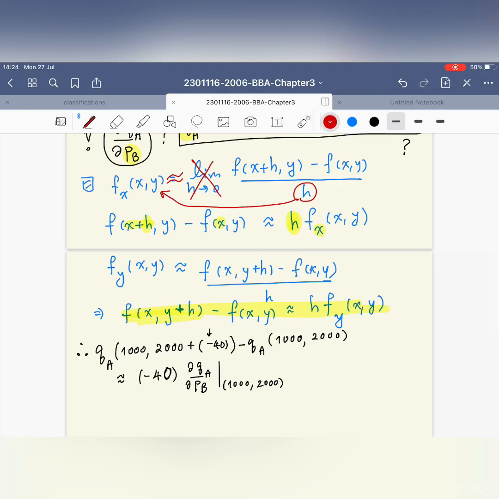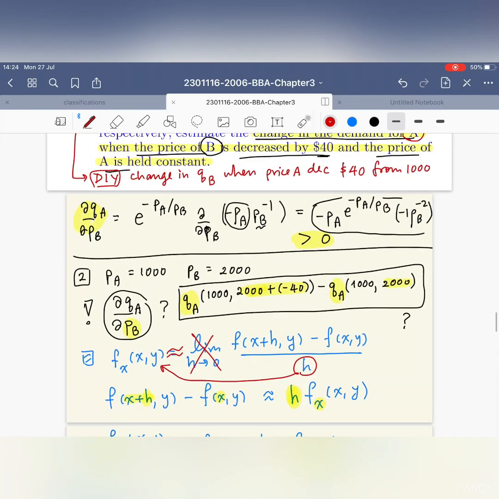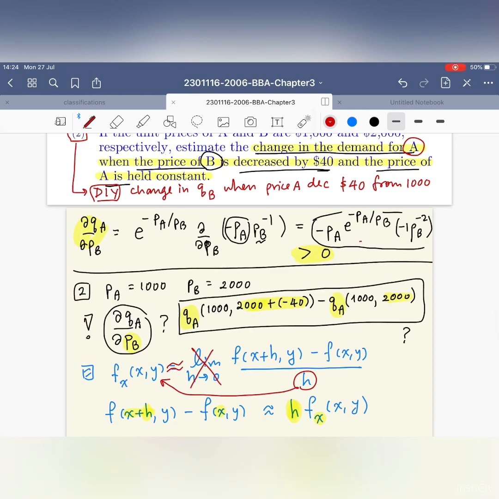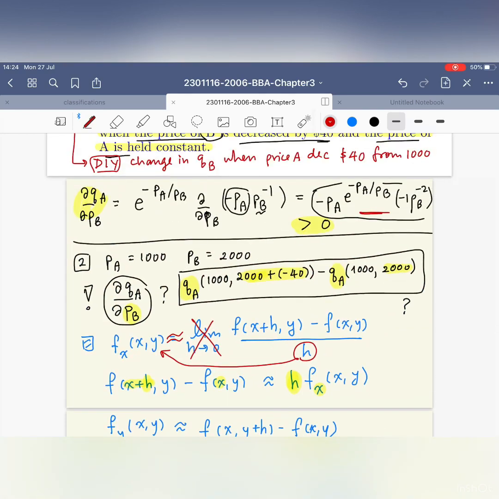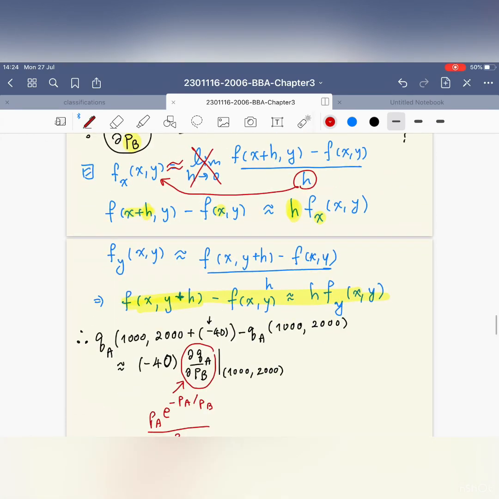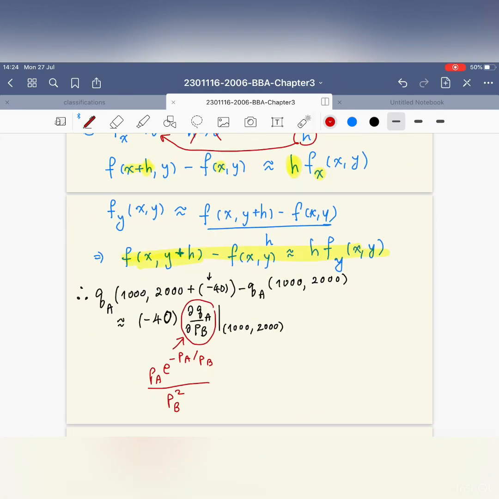Let us just copy this one because we did it before over here. It is PA e raised to the power negative PA over PB, divided by PB square. Right now you need PA to become 1000 and PB to become 2000.